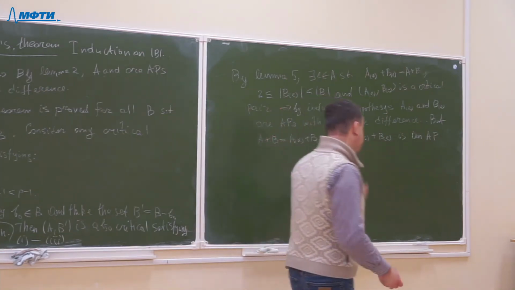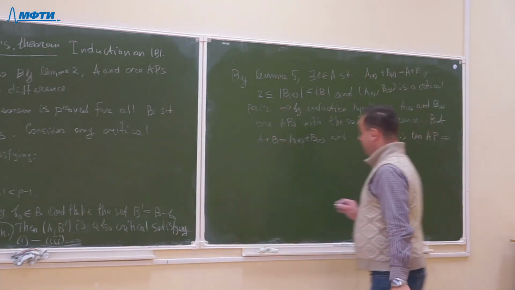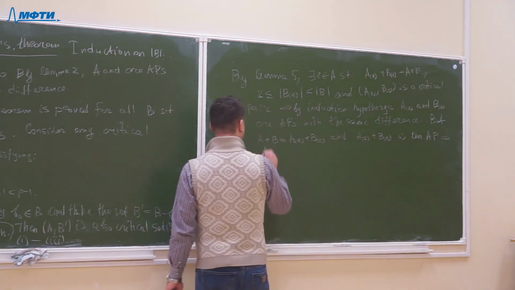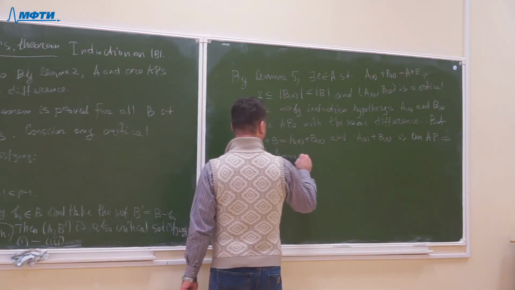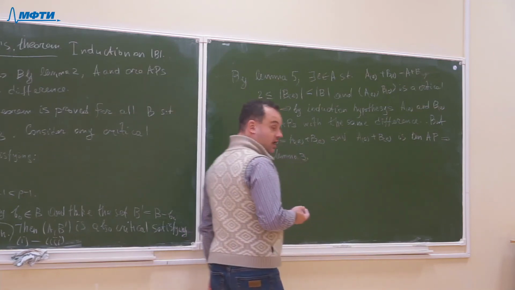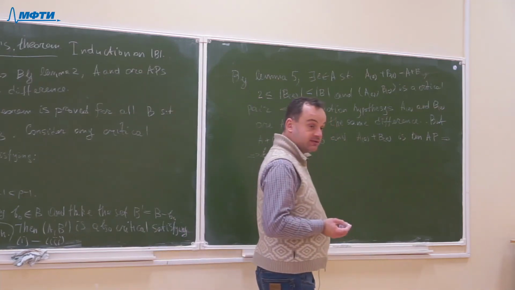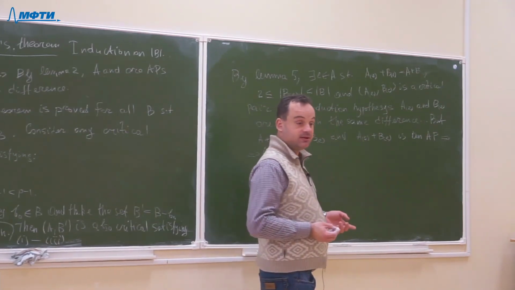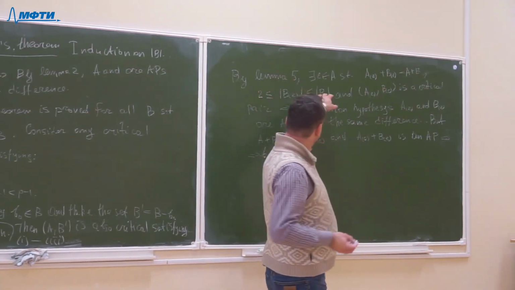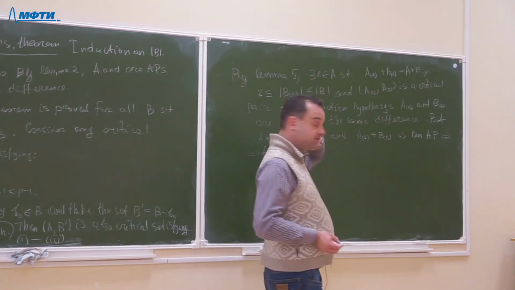Then by lemma 3, A and B are also arithmetic progressions with the same difference, because we proved that A plus B is an arithmetic progression, and the pair is critical, satisfying these restrictions.